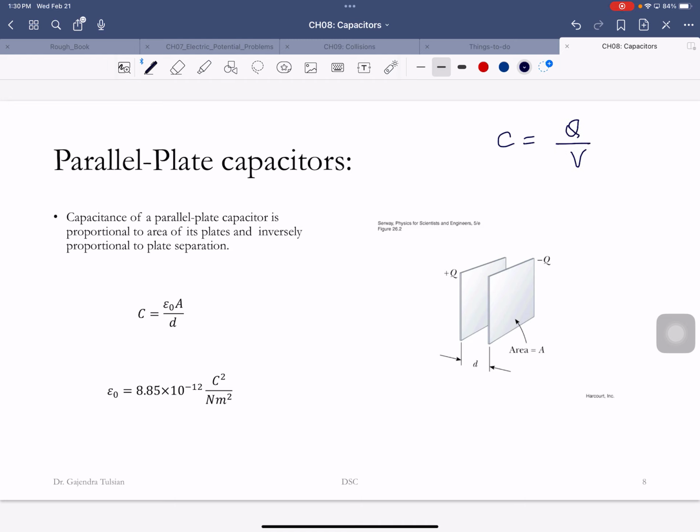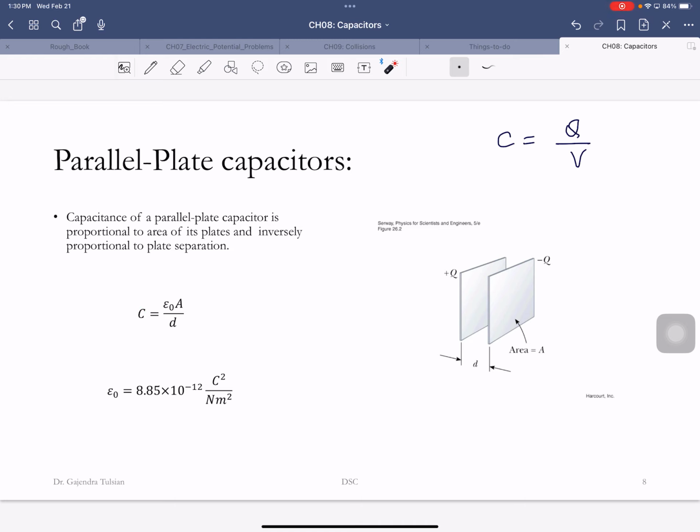Well, here's a formula for the capacitance in terms of the dimensions of this parallel plate capacitor. So A is the area of the plate, and D is the distance between the plates. You will learn, larger the capacitance, more energy you can store. So we're always looking for ways of making capacitors large.